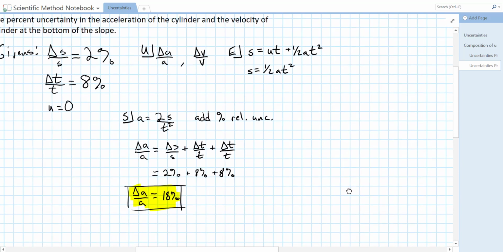However, since uncertainties always increase when you compound them, if we use this uncertainty from A to calculate the uncertainty in our final velocity v, then we're going to get a much higher uncertainty than if we were to use our raw displacement and time uncertainties. So it's best if we use the equation that has s, t, u, and v as our only variables. We don't want to have to deal with a super high uncertainty in A.